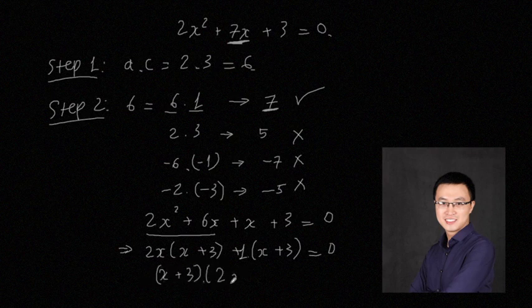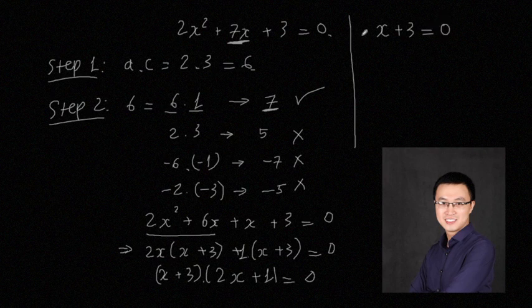So I choose x plus 3 outside and inside the second bracket 2x plus 1. If I want to solve this, I put each factor equal to 0, so this is an or, it's not an and. So I have x equal to minus 3, and x equal to minus 1 divided by 2.